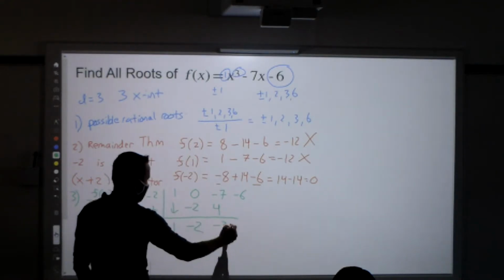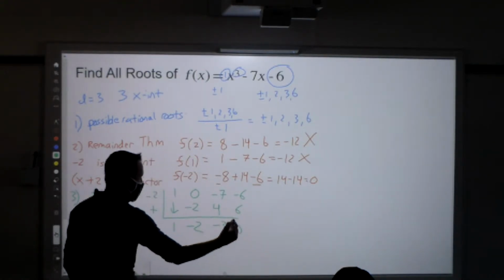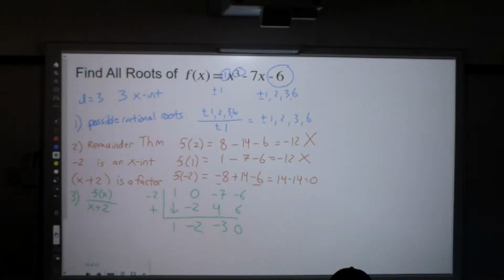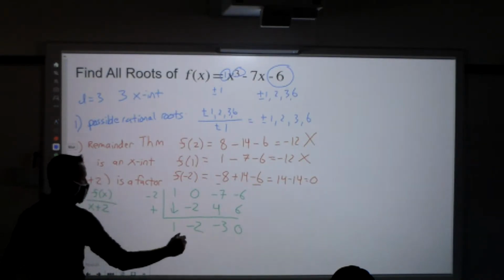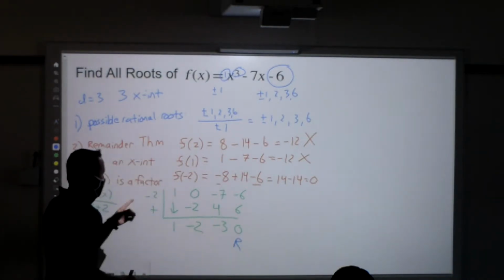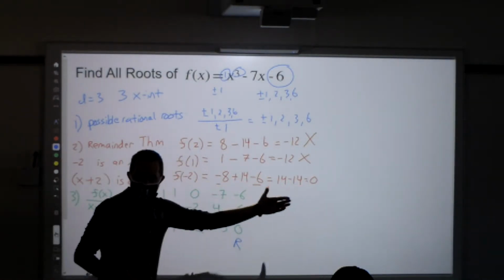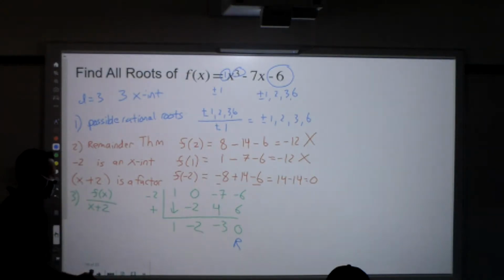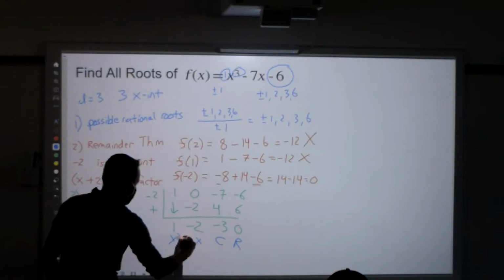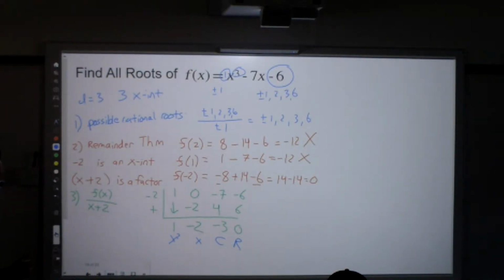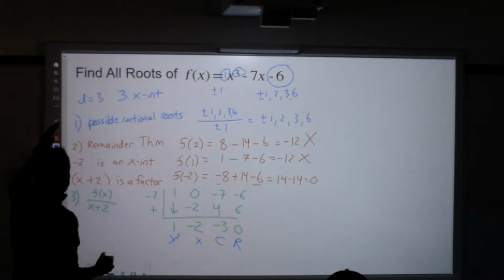We'll just follow those same steps. 6, and then that gives us 0. Is that better? Yes. So now I can say, alright, we knew we'd get a remainder of 0 because we already plugged it in and got 0 using the remainder theorem. But now we're more interested in our quotient here, because that quotient still has 2 roots inside of it. So now we've done 1, 2, 3.